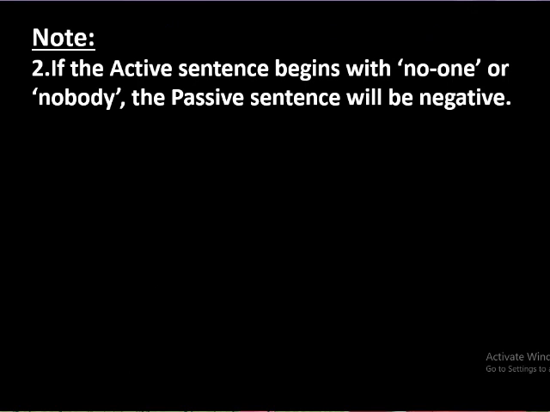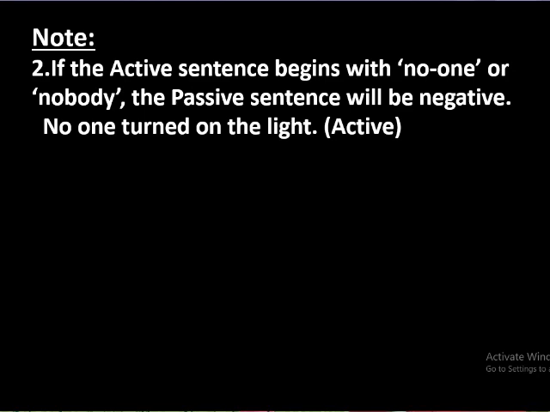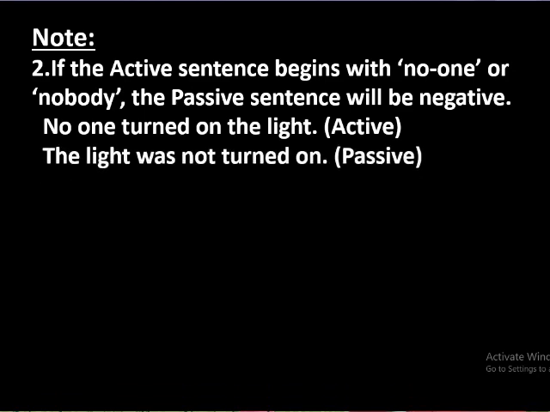Second note: if the active sentence begins with no one or nobody, the passive sentence will be negative. For example, no one turned on the light. The passive form for this sentence will be the light was not turned on.